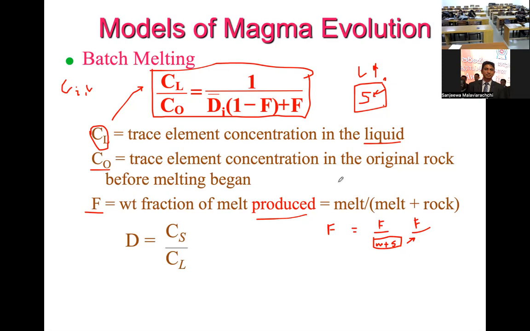That is the melt fraction, the amount of melt generated there. So if 2% melt was produced, it means you have 2 units of melt out of the entire system, that means 2 plus 98 residue, like that. Okay, so just the ratio, just the fraction, just keep that in mind, right?